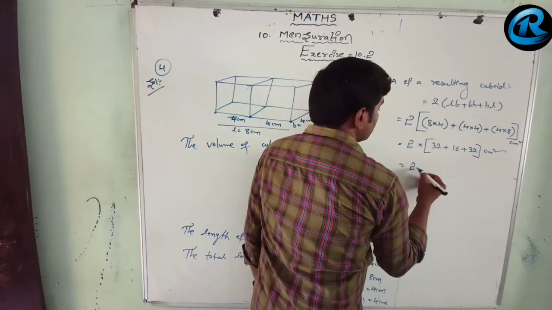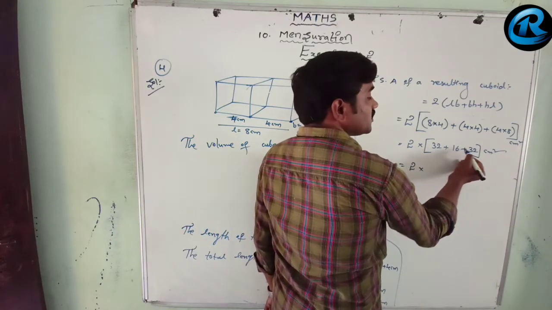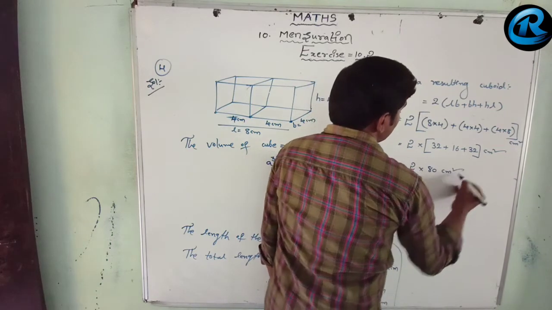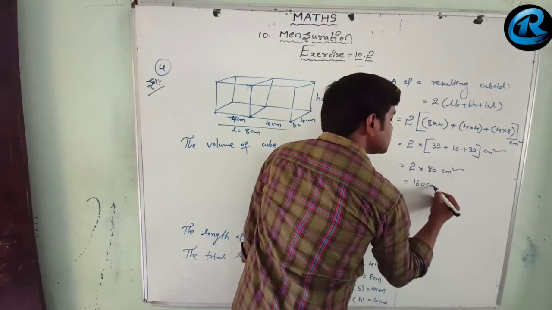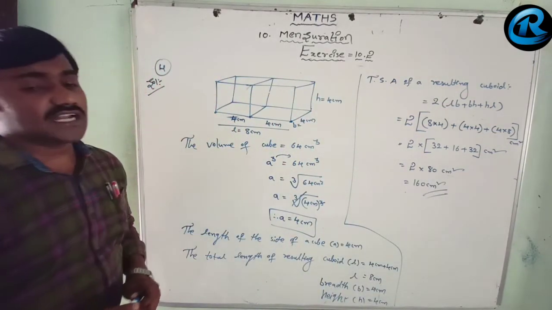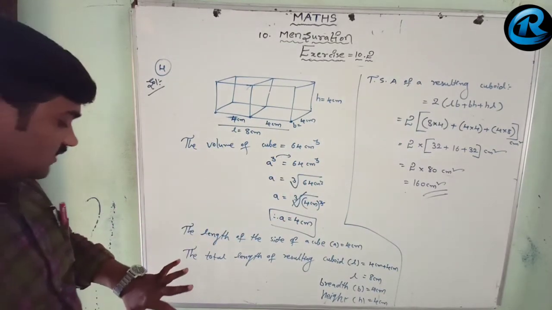That equals 2 into 32 is 64 plus 16 is 80 centimeter square, that equals 160 centimeter square. The total surface area of the resulting cuboid is 160 centimeter square. I hope you understood this.